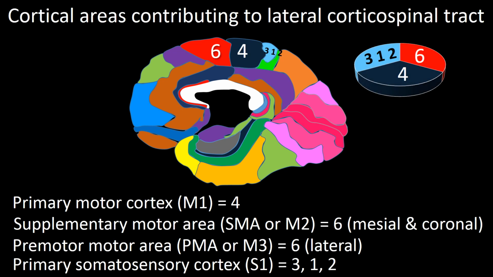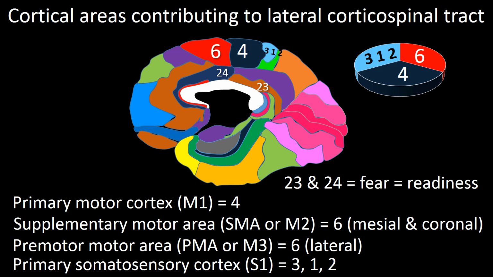Neurons from area 4, neurons from area 6, and neurons from areas 3, 1, 2 each contribute a little bit less than a third of the fibers to form the lateral corticospinal tract. The rest of the fibers probably arise from area 24 and area 23.